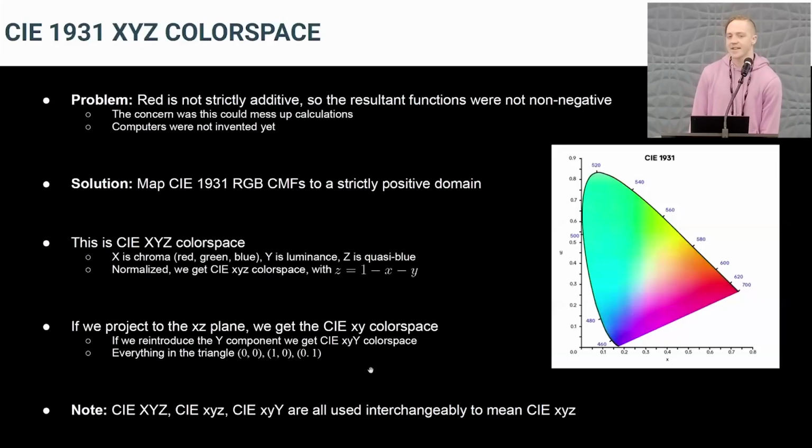You'll also once again commonly see this visualized as a projection onto the XZ plane, in which this is called CIE xy color space. And if we introduce the Y vector component again, we get CIE xyY color space. Obviously, this terminology is incredibly ambiguous, but just know whenever we are dealing with the mathematics of color, we are pretty much invariably looking at XYZ or lowercase xyz color space.